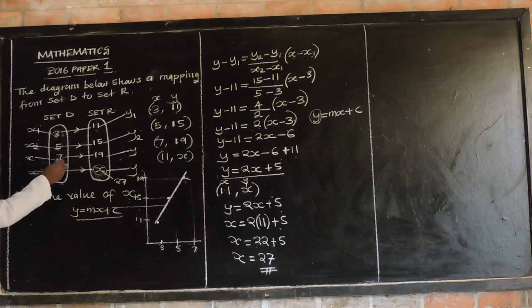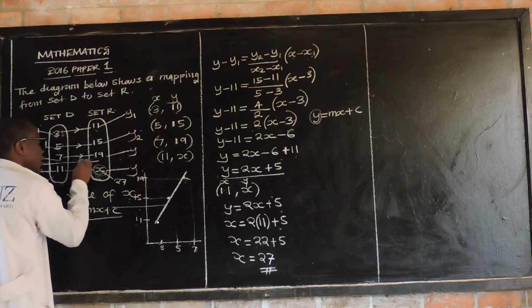Then 7 plus 2 is supposed to give a 9 here, but it has been skipped. Then 9 plus 2 is 11. Since they have skipped 9 this side, they also need to skip a number this side.